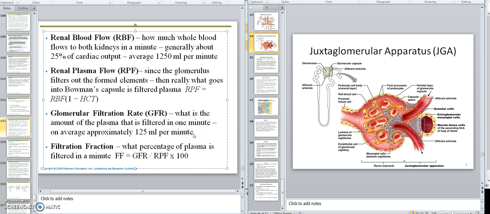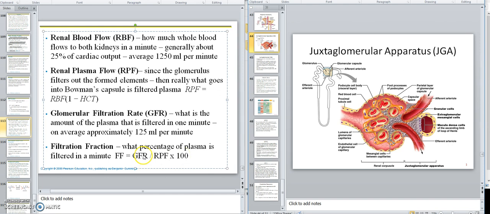Remember, we talked about controls to maintain a good GFR despite changes in blood pressure. Then we have the filtration fraction calculation, which is as simple as this: how much is filtered to how much could have been filtered, times 100, a percentage.